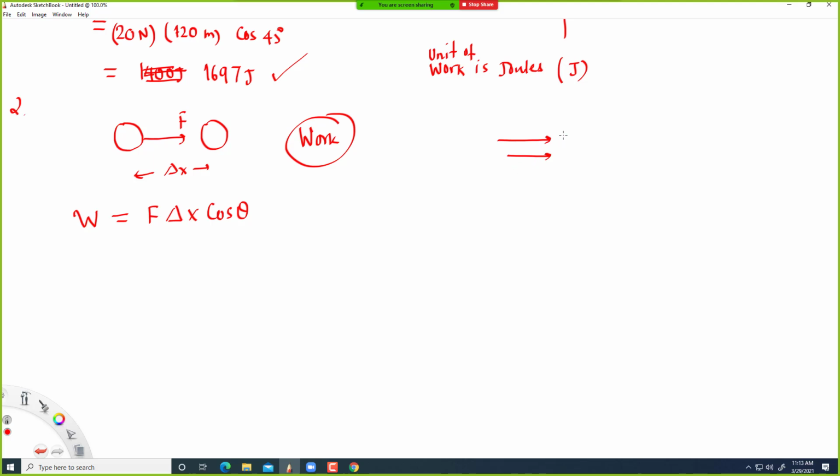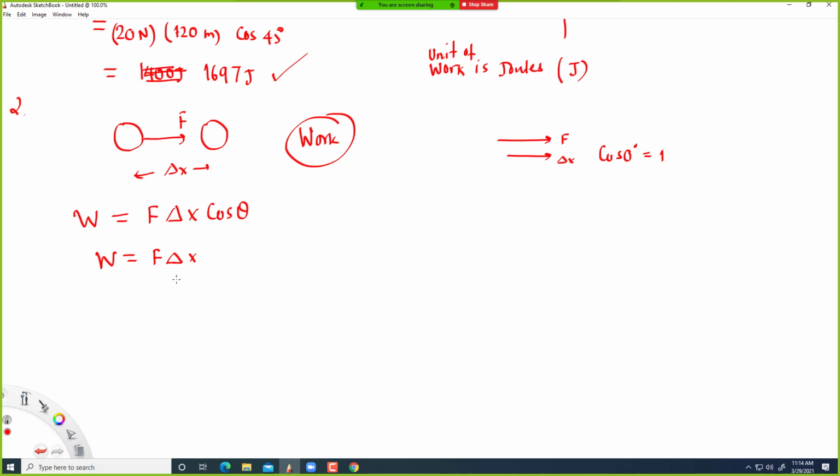That means the angle would be 0 degrees, and cosine is 1. This is just a special case. So W is F delta x. This may not always be true, but we are just trying to simplify the example.